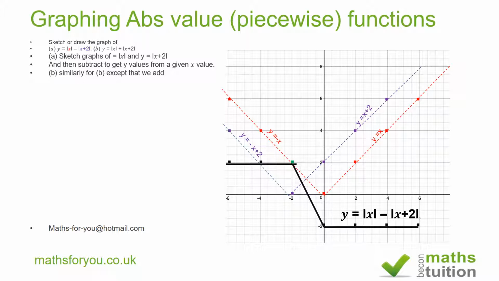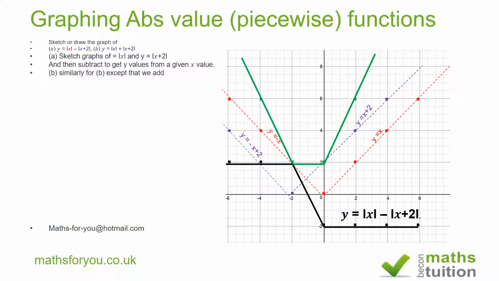Now I can do the same thing again for y is equal to absolute value x plus absolute value x plus 2, and I'm going to get that there. So the green graph, which looks like a cone, is the graph of y is equal to absolute value x plus absolute value x plus 2. I hope I'm making sense.